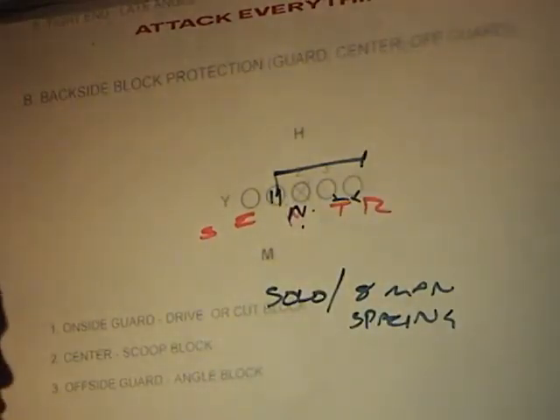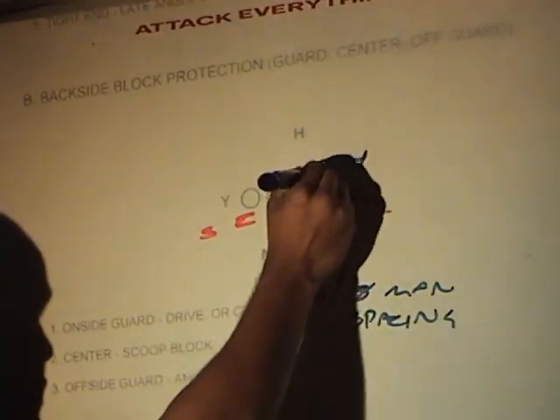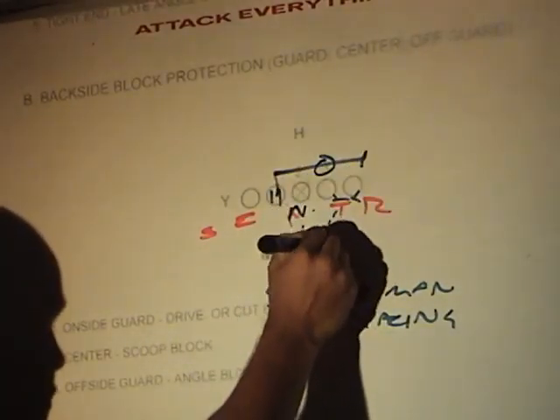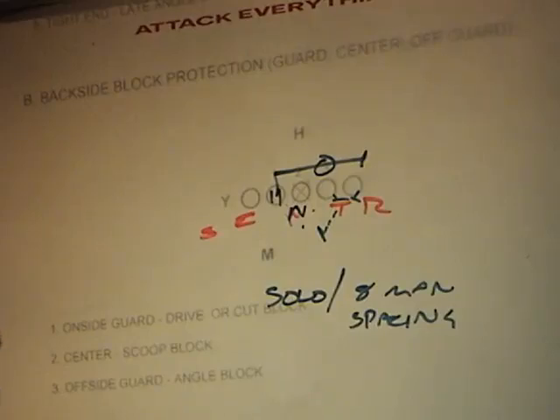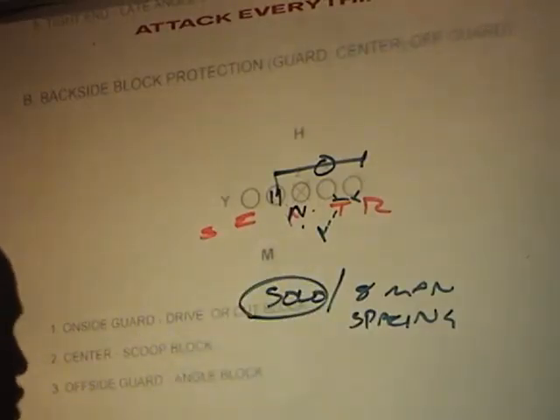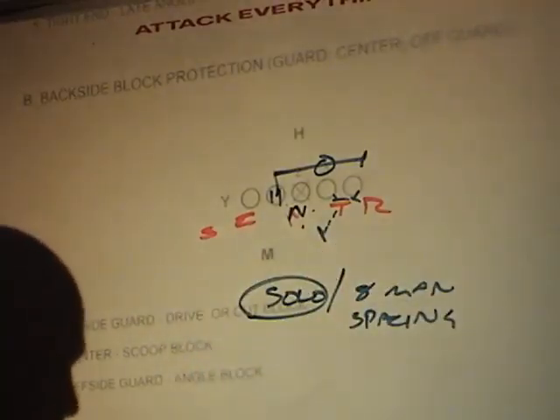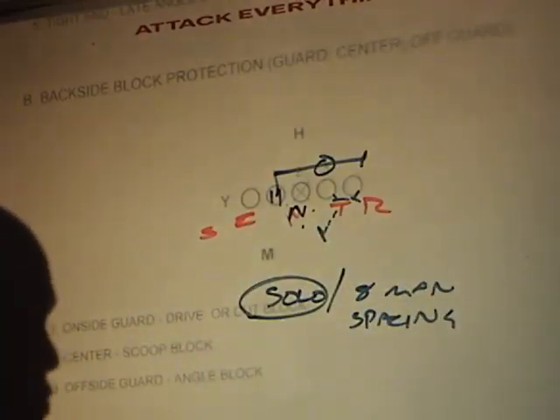Anytime the guard pulls away from me, I'm going to double my 3. And my potential blocker here, my number 3, is this offensive guard. He's going to come off that block. If this is the case, if it's solo spacing, solo means 1 man, 1 gap, as per our under zone set lecture that you'll also be receiving.